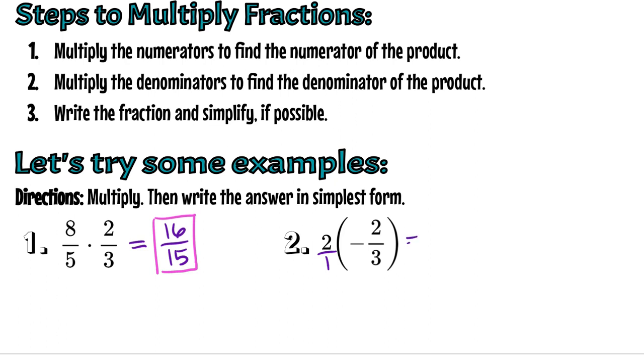So we're going to start here by writing a negative sign. Now we can just think 2 times 2 gives us the numerator of 4, and 1 times 3 gives us the denominator of 3. So 2 times the fraction -2/3 is -4/3.